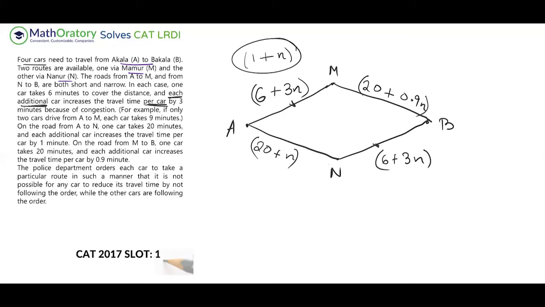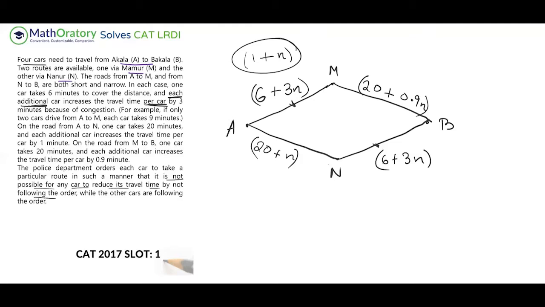Indirectly, this statement is telling me the police department will place the order in a way that it is not possible for any car to reduce its time by not following the order.